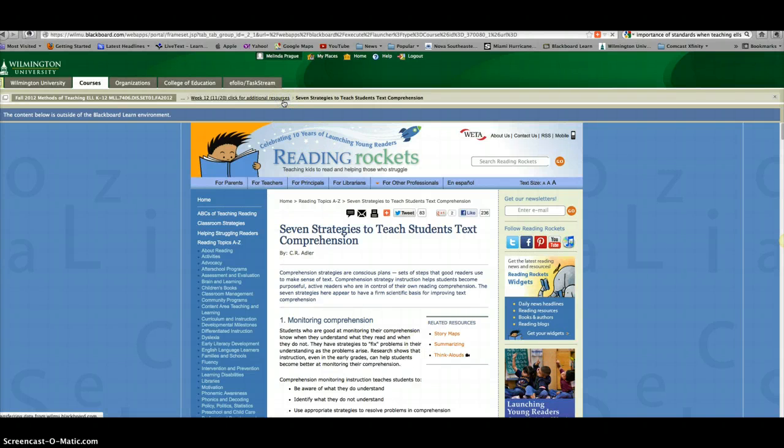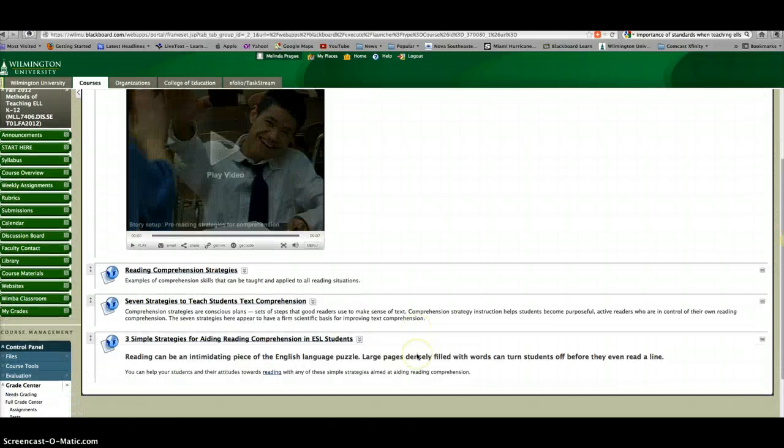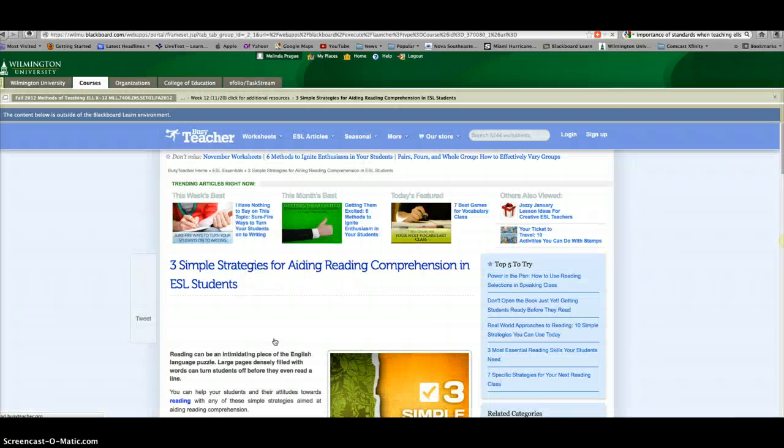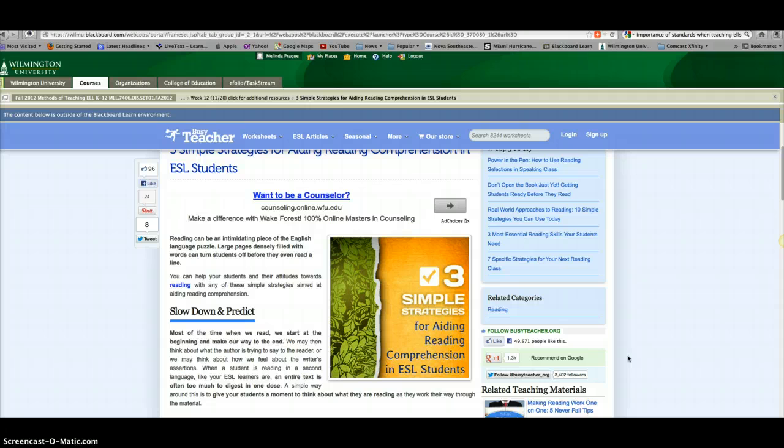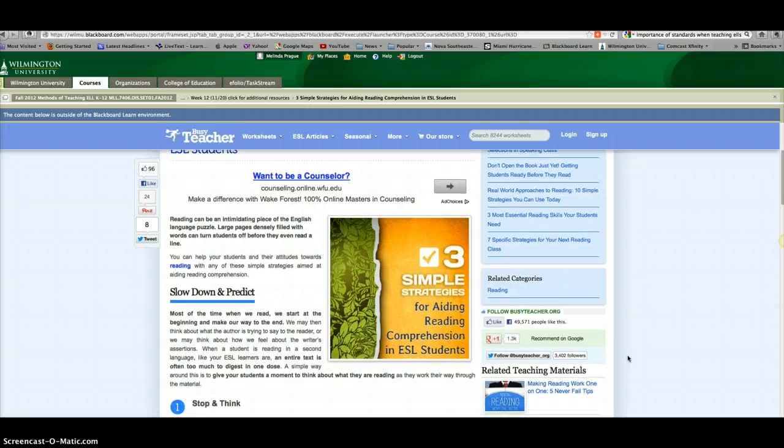One more click back for our last resource, and this is a simple one, but I thought simple is sometimes really good, and I believe this one is. This takes us to a site called The Busy Teacher. All we have are 3 simple strategies for aiding reading comprehension in ESL students.